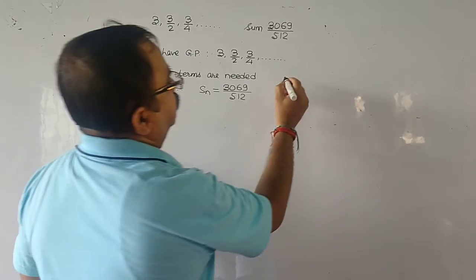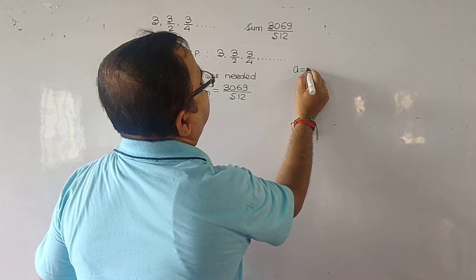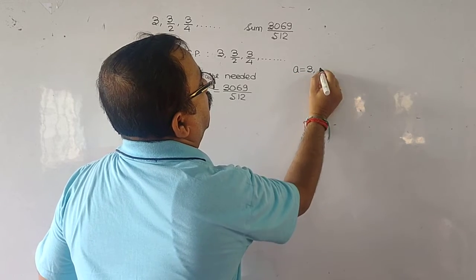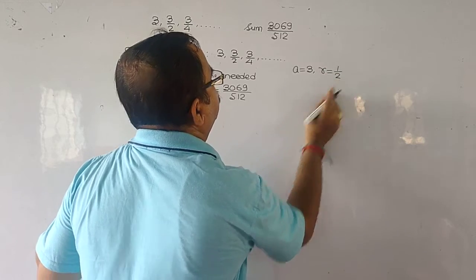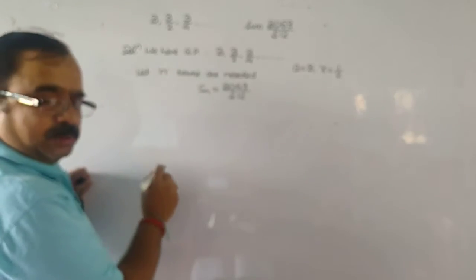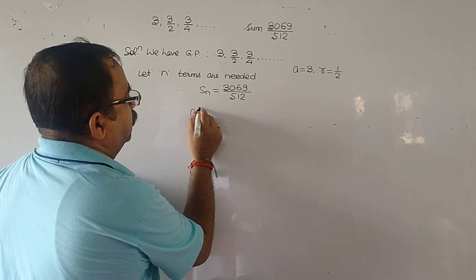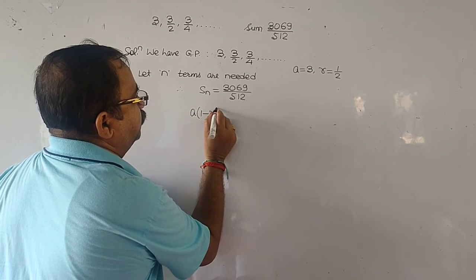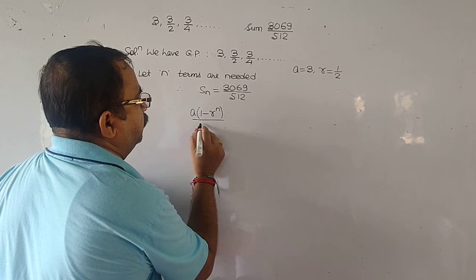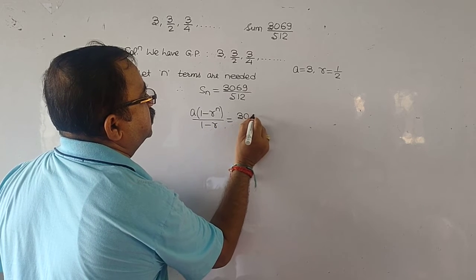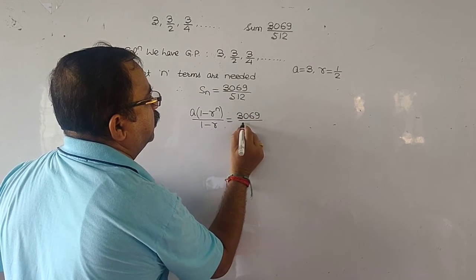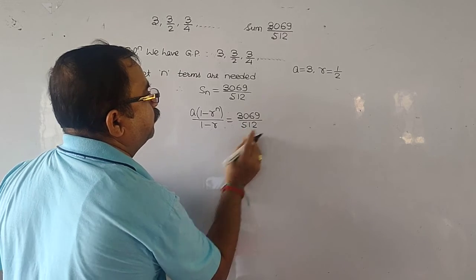Here A is 3, R is second term upon first term, which means 1 by 2. The formula for Sn is A times 1 minus R to the power n whole upon 1 minus R, equal to 3069 upon 512.